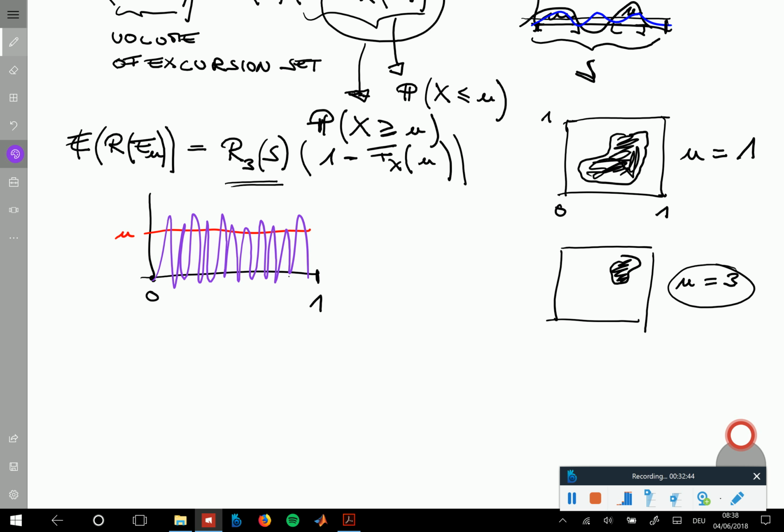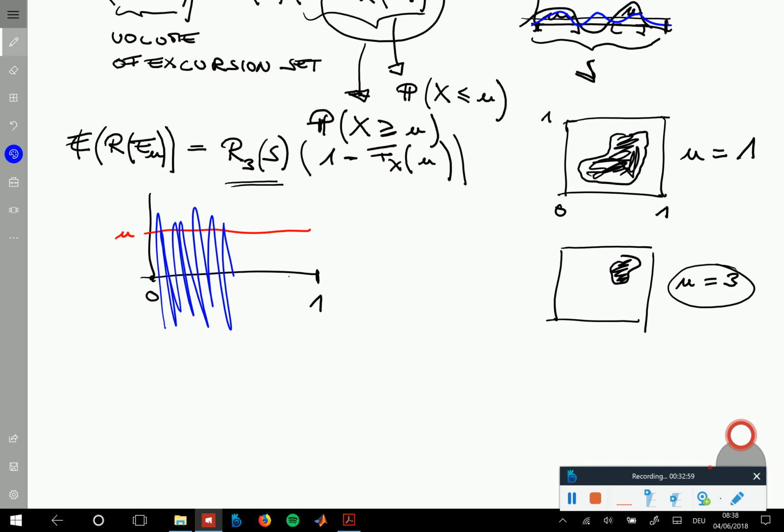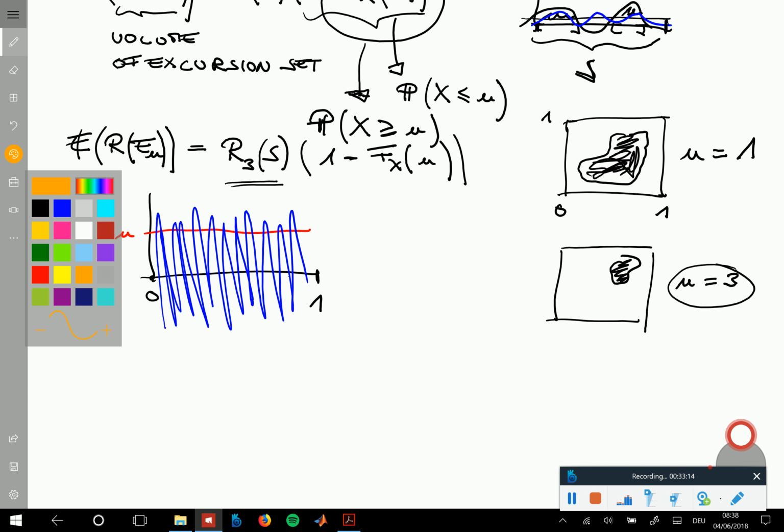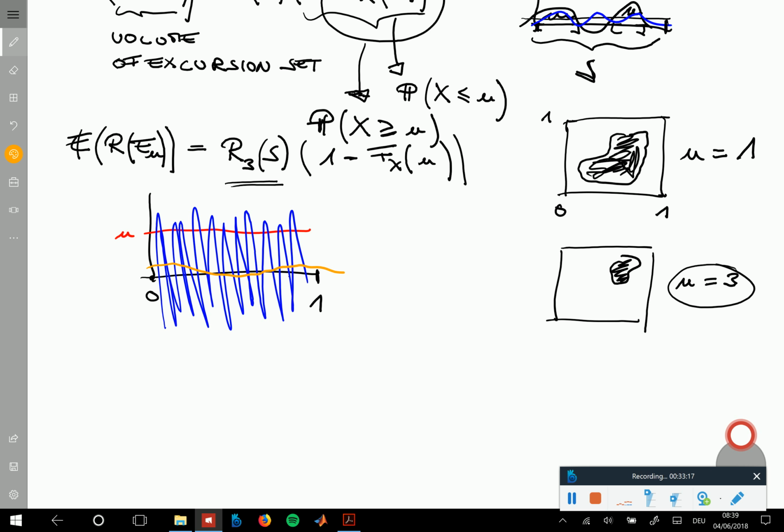It must be centered on 0, so it must be something like this. It has expectation 0 but is very unsmooth, and something that is very smooth and has expectation 0 would look something like this. So the smoother the thing gets, the lower the expected Riesel volume of the excursion set gets.